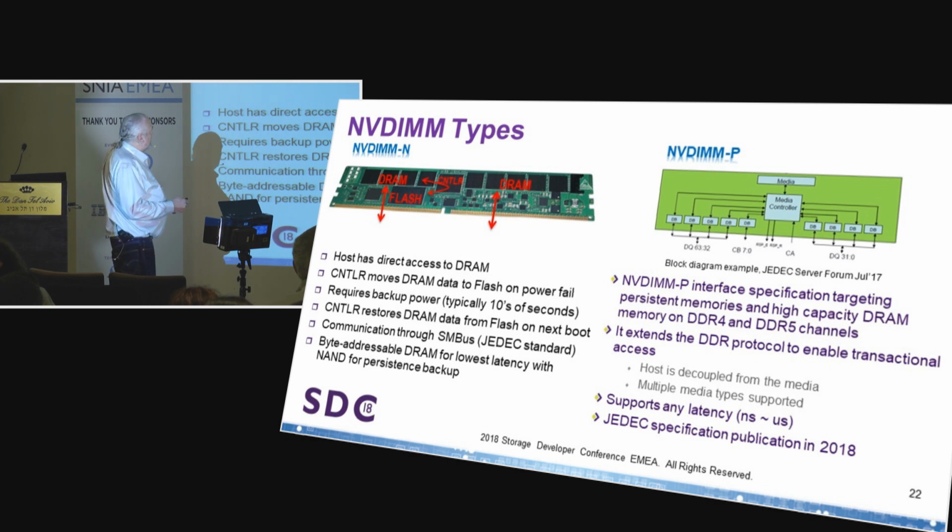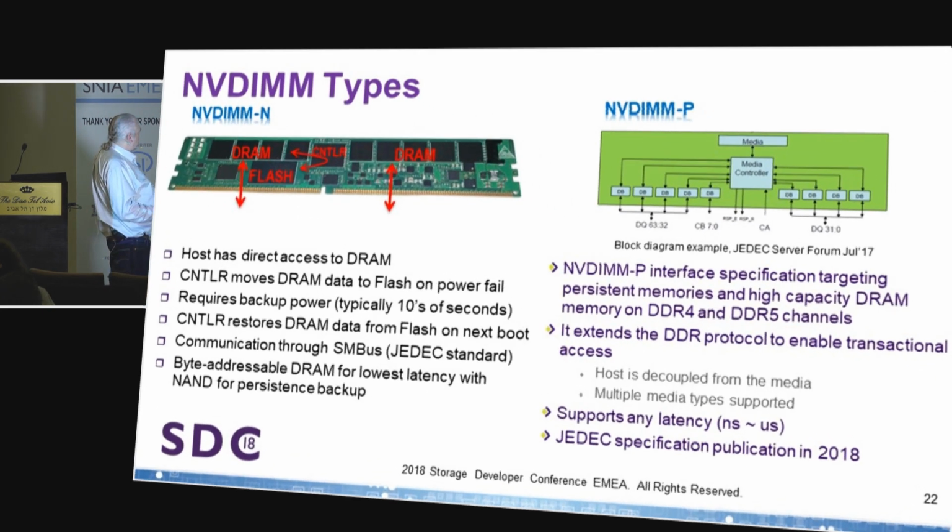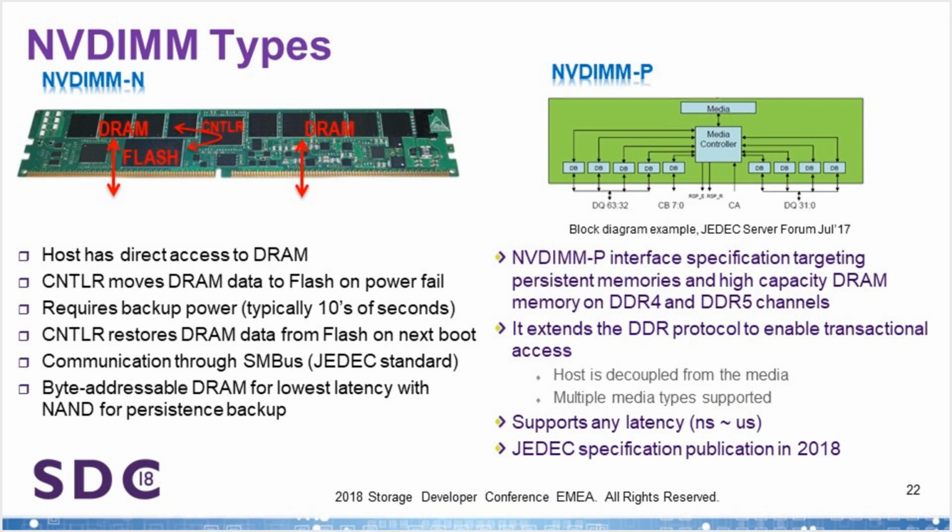So there are different types. NVDIMM-N has a DRAM flash controller, but there's also NVDIMM-P, where there's a media controller, and persistent memories and high-capacity DRAM on DDR and DDR5. It extends the DDR protocol to enable transactional access.